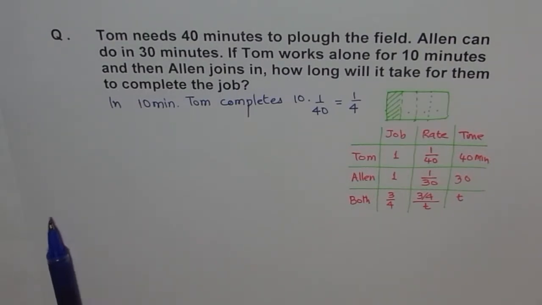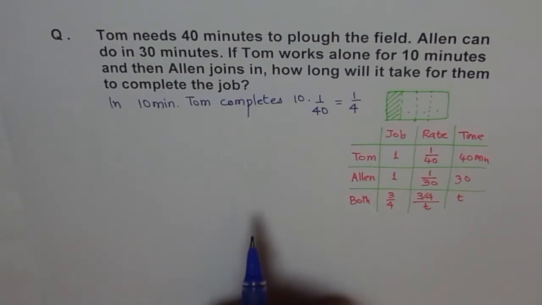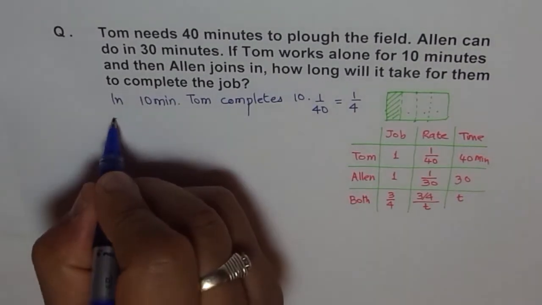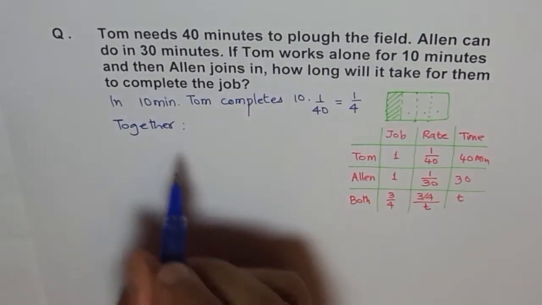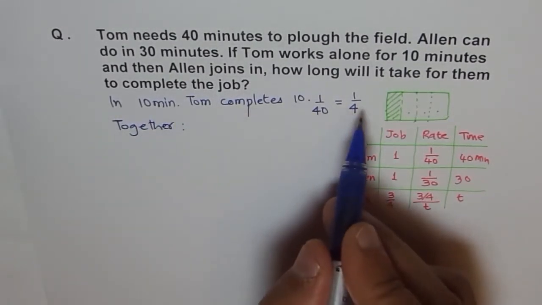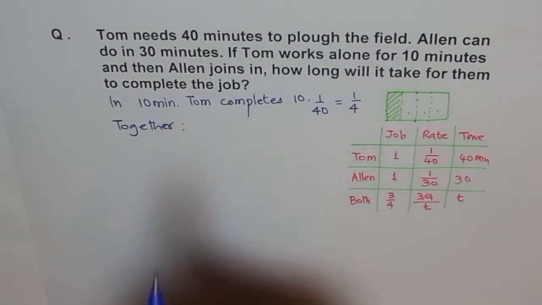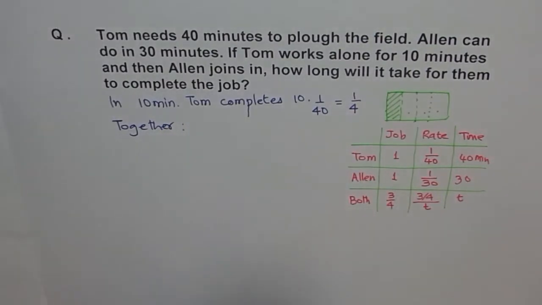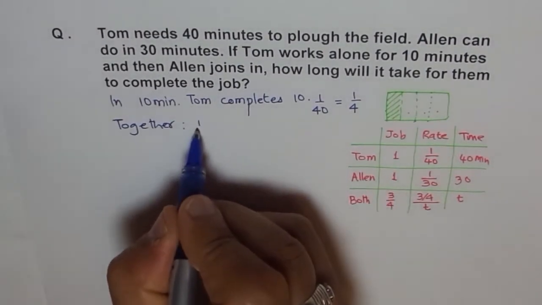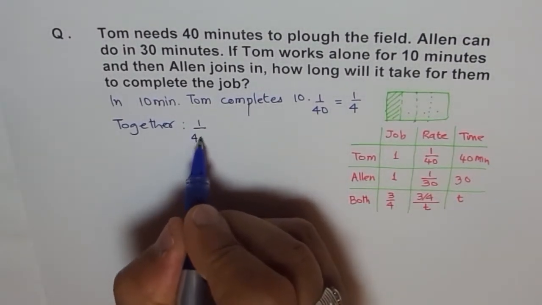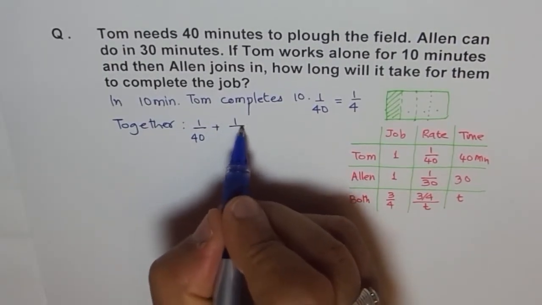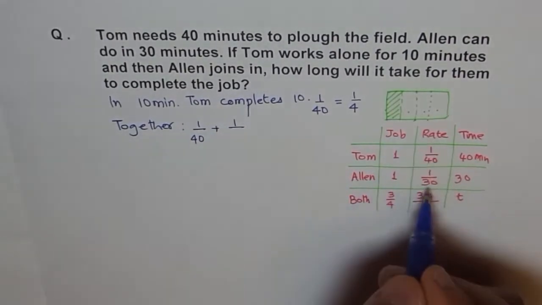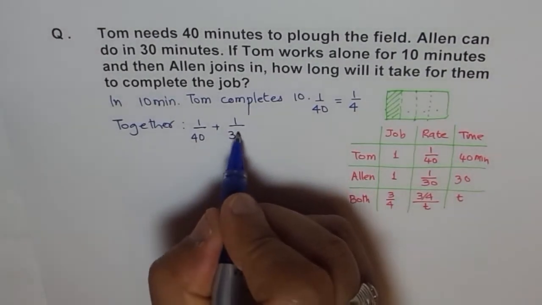So this leads to our equation. When they work together, Tom alone has already completed 1/4 of the job, so they are left with 3/4 of the job, right? When they work together, the equation is 1/40, the speed with which Tom works, plus 1/30, the rate at which Ellen works, right?